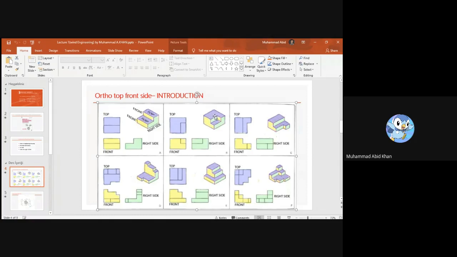When you are looking from the top side, this shape is here. When you are looking at the right side, the shape is here. Six types of device examples are shown here. You can see it. It's very simple. It's not difficult.